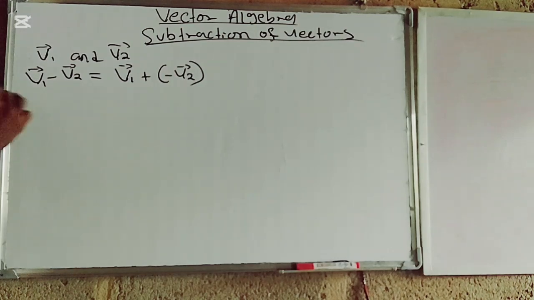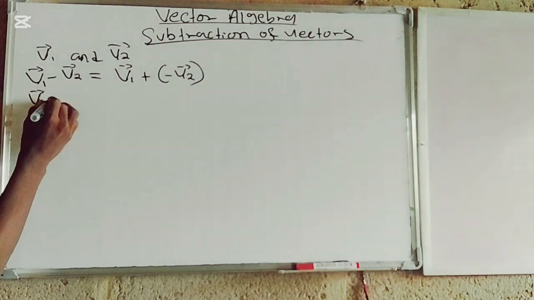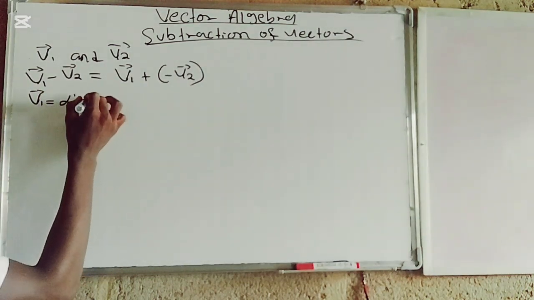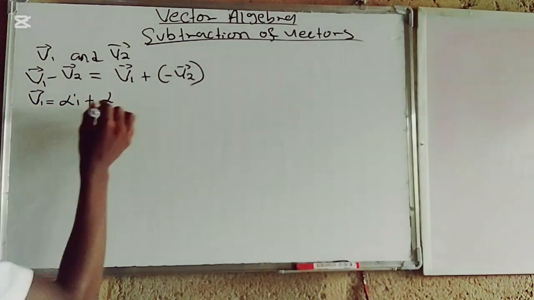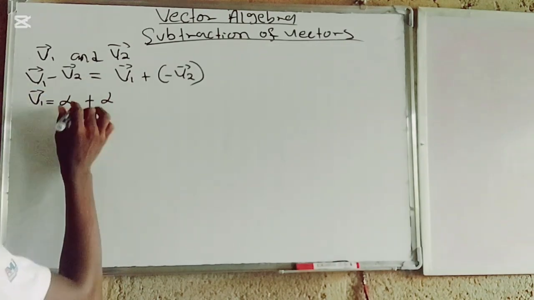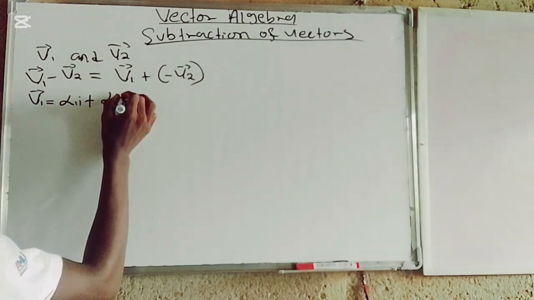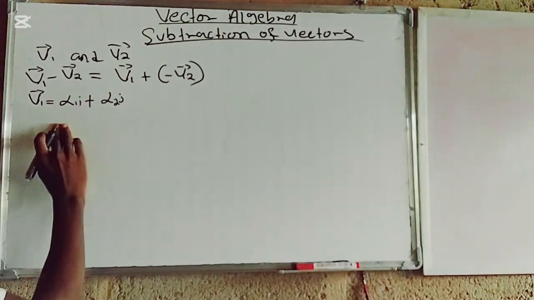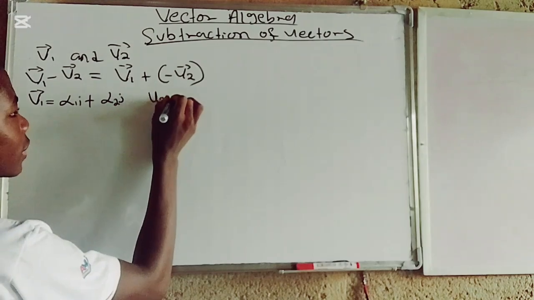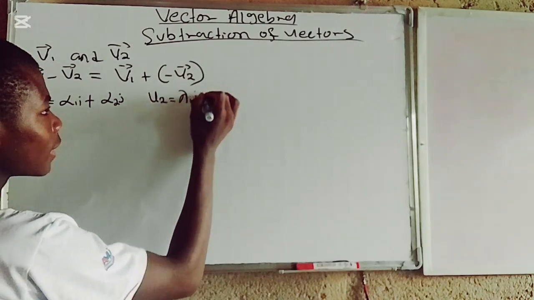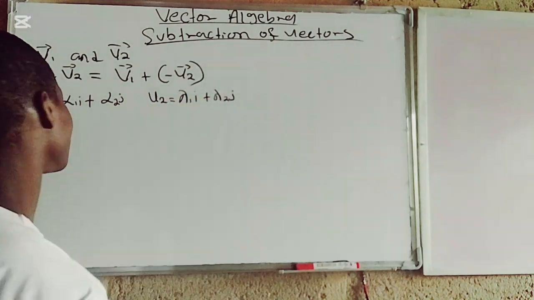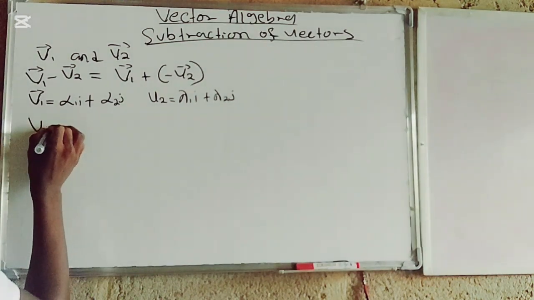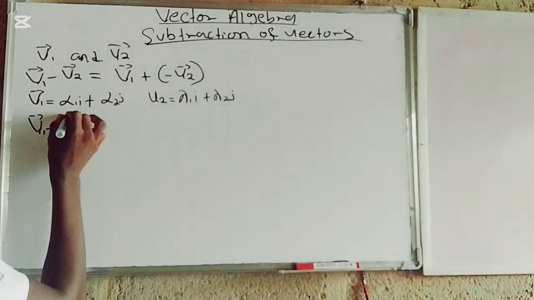So in general, let's say v1 is the same thing as alpha 1 i plus alpha 2 j, and let's say v2 is the same thing as lambda 1 i plus lambda 2 j.